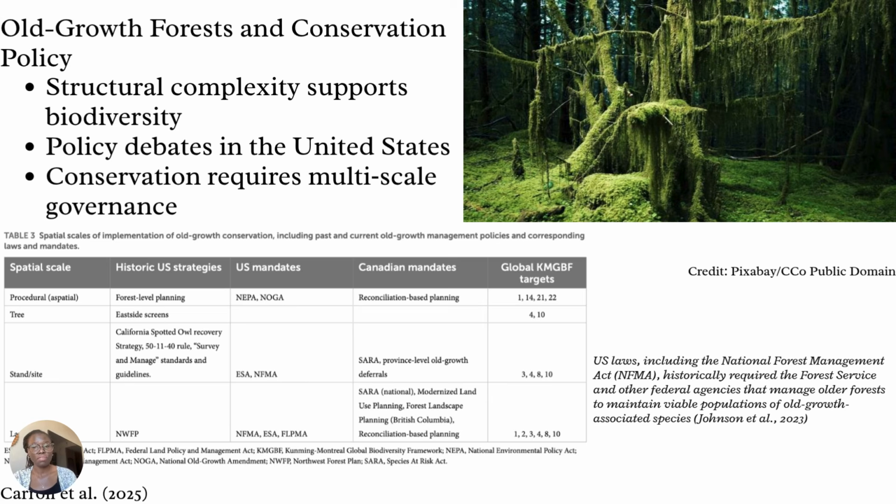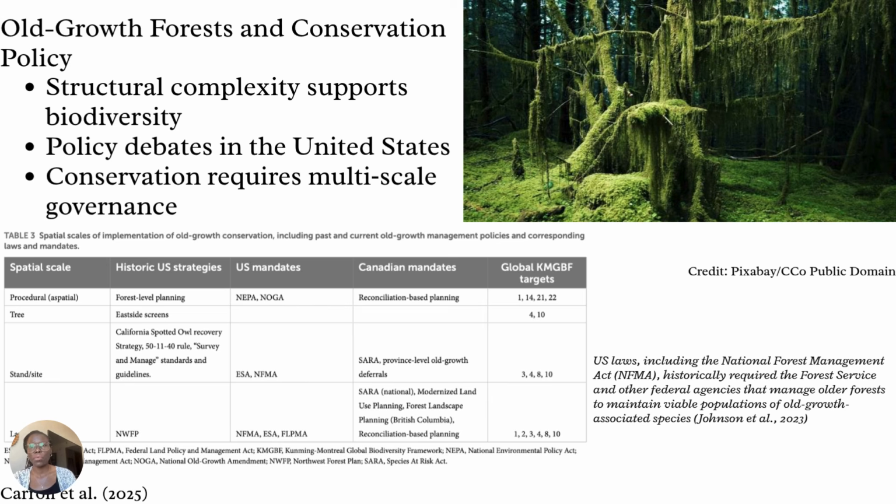The Carroll 2025 reading explores conservation debates about old growth forests in the United States. Old growth forests are complex ecosystems with trees of different ages. They have canopy gaps from natural disturbances and a diverse understory, creating many habitats for different species. But conserving these forests needs coordination across different places and time frames.